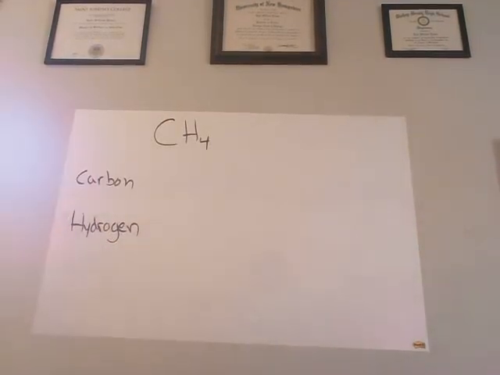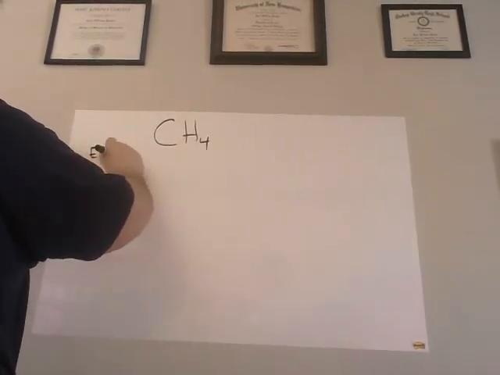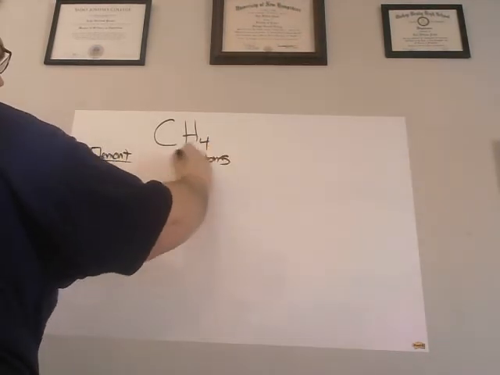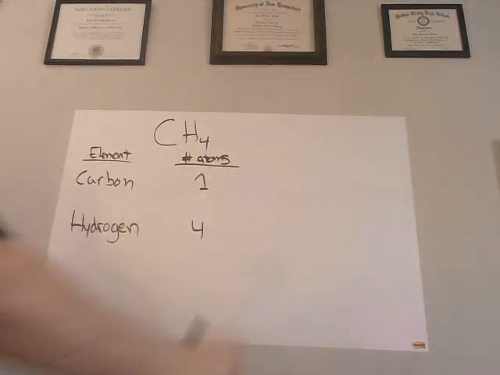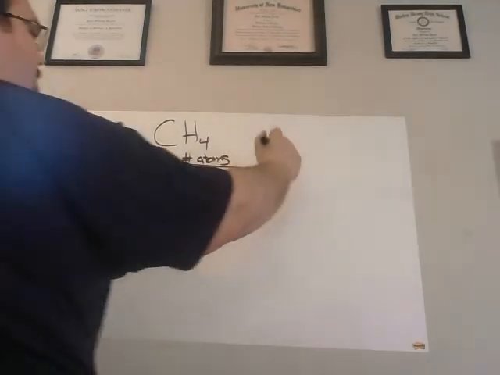Then we put the number of atoms next to it. So we have the elements here, number of atoms. For carbon there's 1, for hydrogen there's 4. And we multiply that by the molar mass.